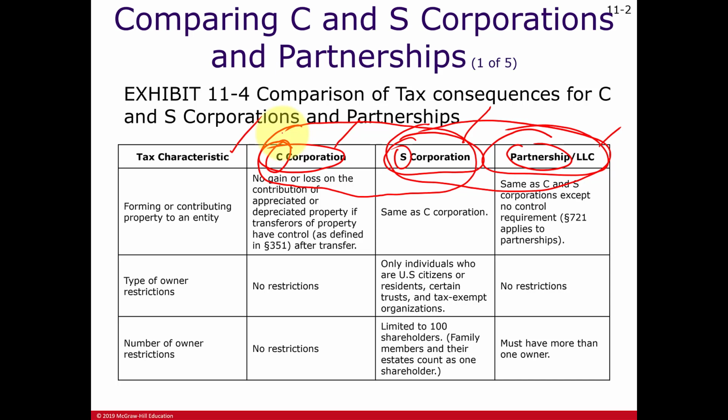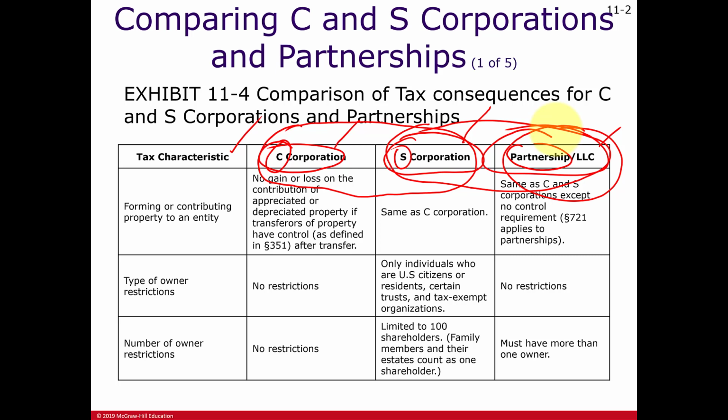That is not true generally in the case of a partnership, which just carries over the basis from the partner's interests. Partnership interest carries over into the assets being received. In other words, deferring the gain or the loss.